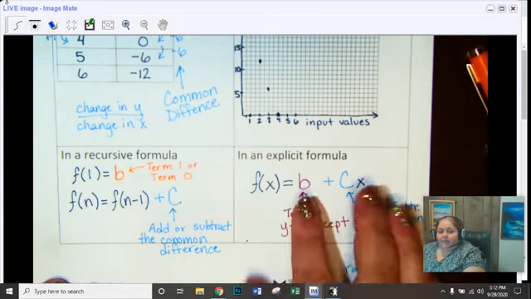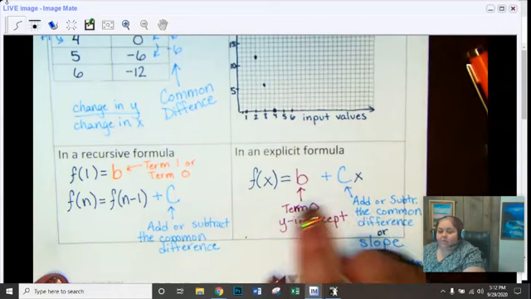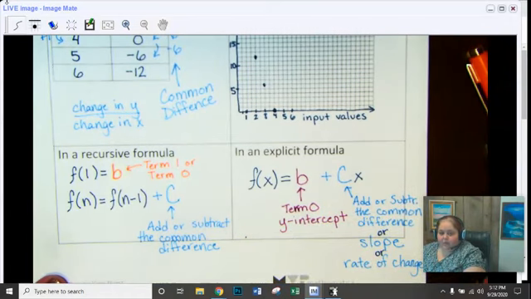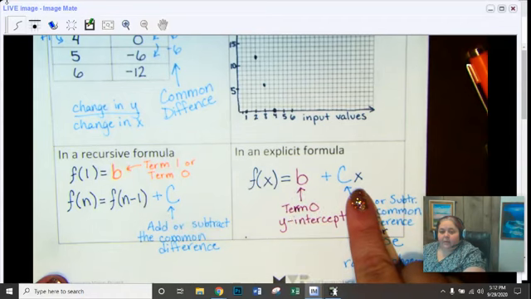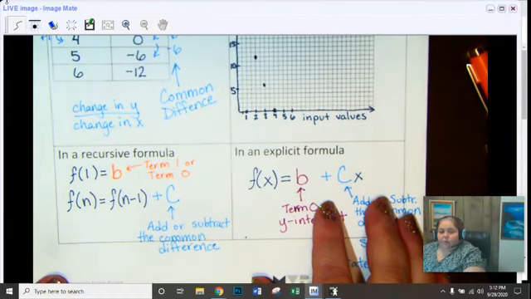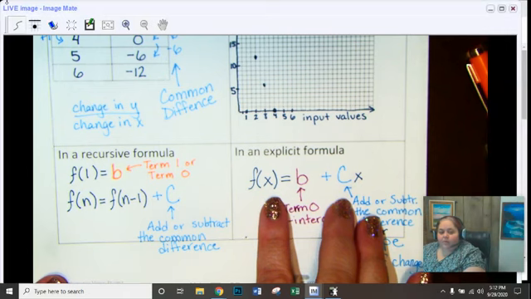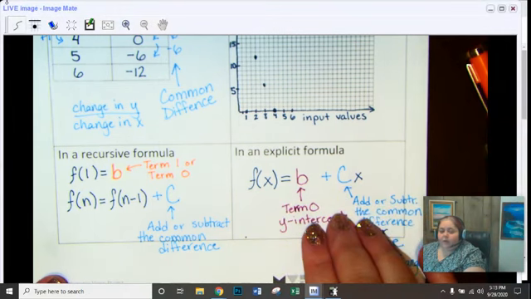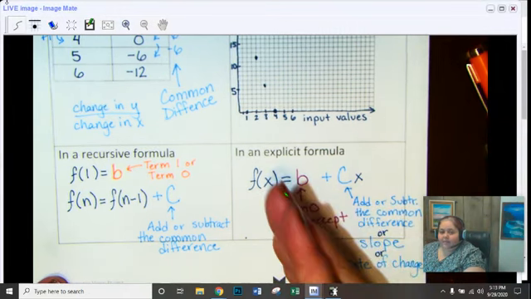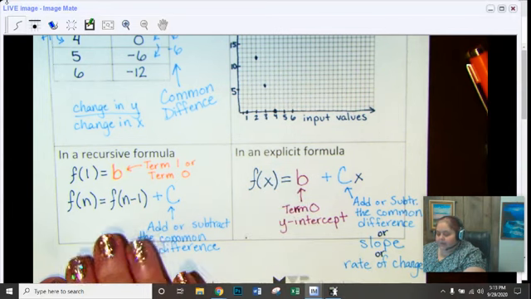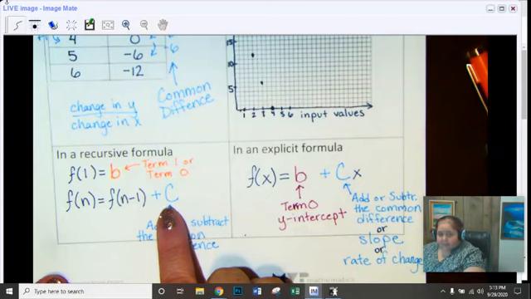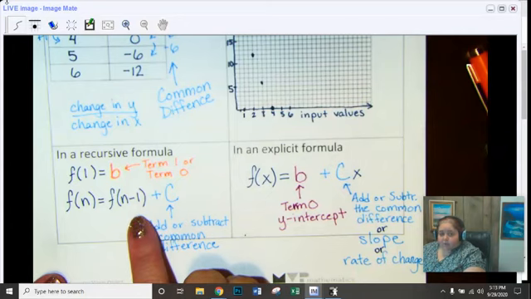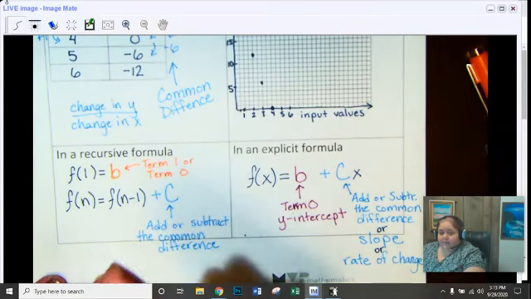And in an explicit equation, you're looking for an equation with no exponents. And then we use the y-intercept and the slope. So if you were given an equation with no exponents, you would know it was an arithmetic sequence. If you were given a recursive formula that added or subtracted a number from the f of n minus 1, then you know it's an arithmetic sequence.